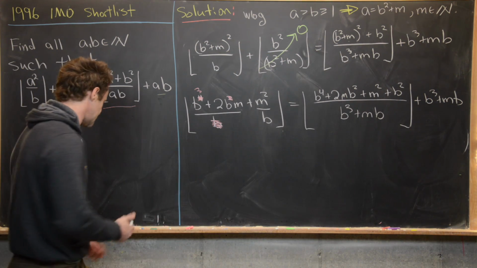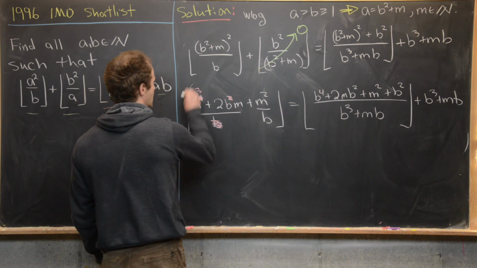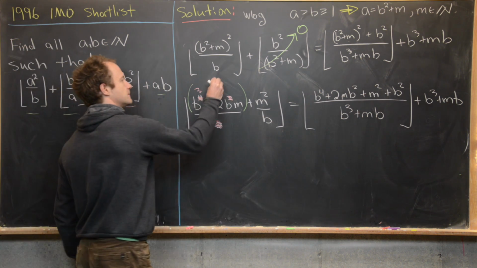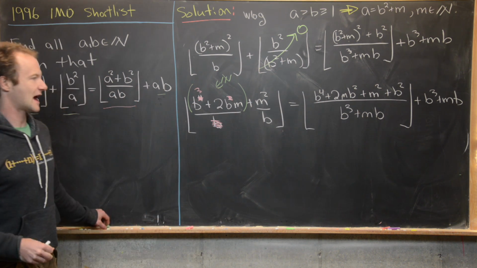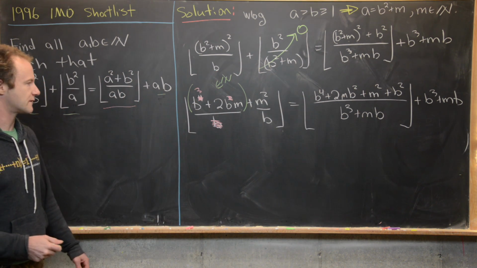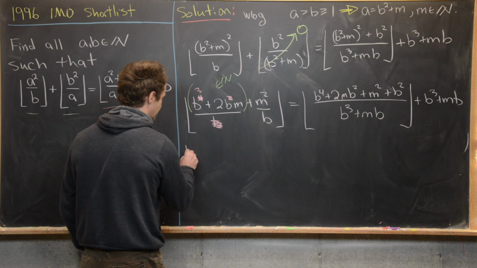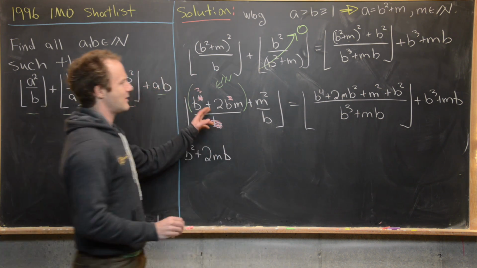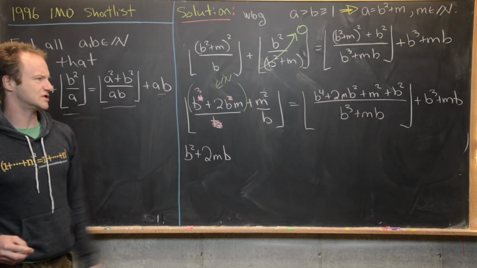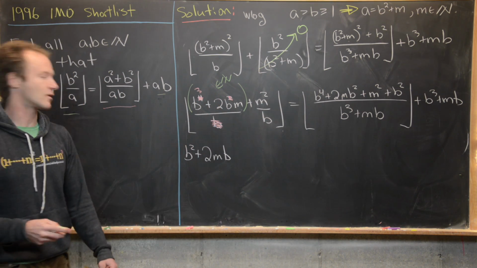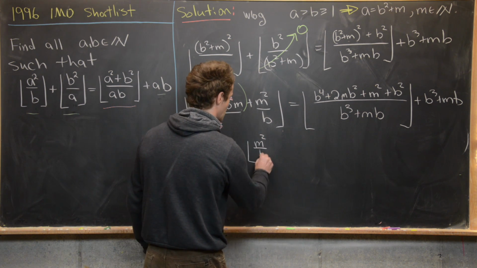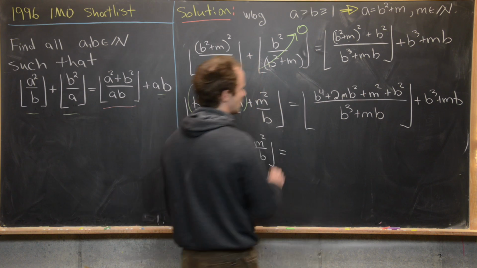Now we talked about before how this stuff, which I'm putting in green parentheses, is a natural number. So since it's a natural number, that can just be pulled out of the floor function. So let's do that. We've got b cubed plus 2mb. I'll commute the b and m just so that they match the way I've written it otherwise. And then next I've got plus the floor of m squared over b equals.